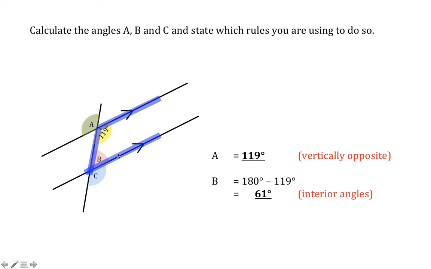And then the last one, we've got a kind of F shape. So the angle C under the second line in the F is the same as the 119 under the top line in the F, because the 2 lines in the F are parallel to each other. So that's corresponding angles, and it's 119, the same as the original one.